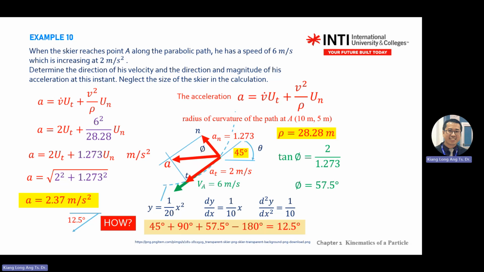Or here, you draw a line here. 45 plus 90 plus 57.5 something. There's a remaining angle there. So I draw this one.